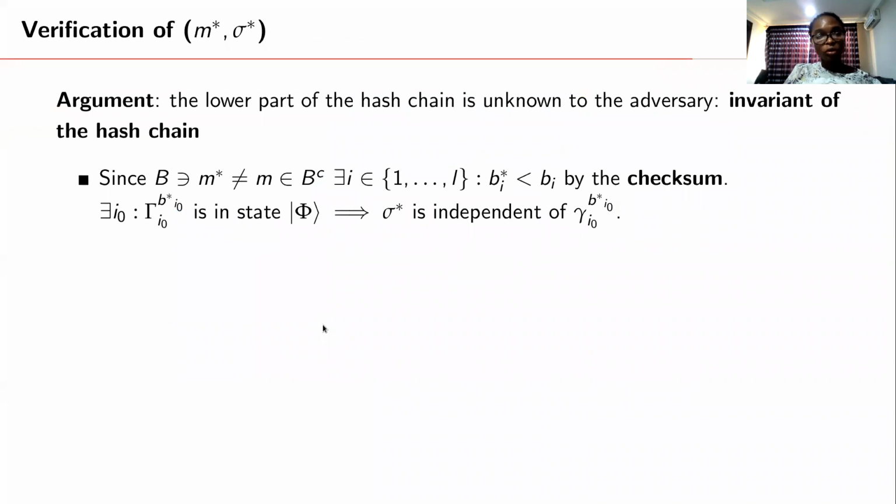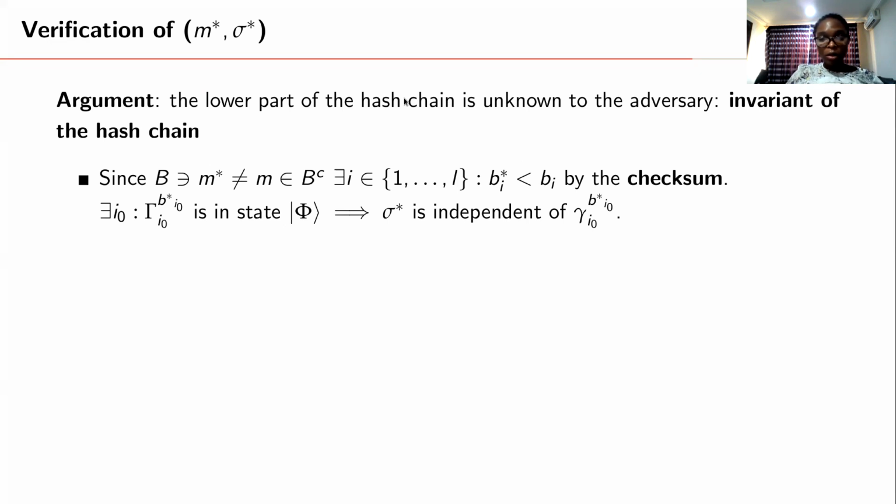To verify the signature, we first know that the hash chain, as we explained above, works only in the forward direction. So the classical notion of security for the Winternitz is that the path below the query position is unknown to the adversary.